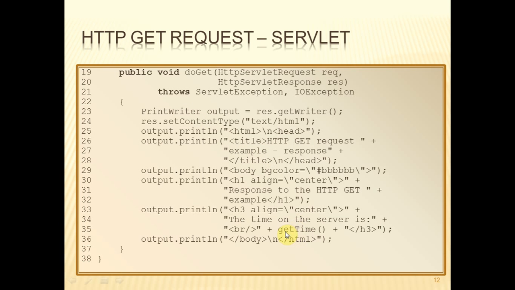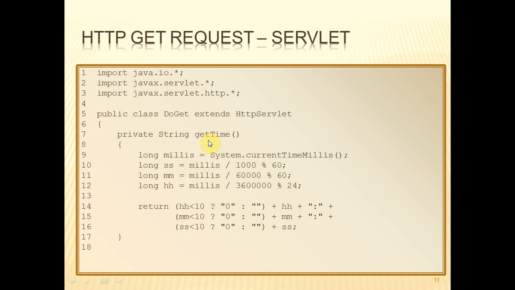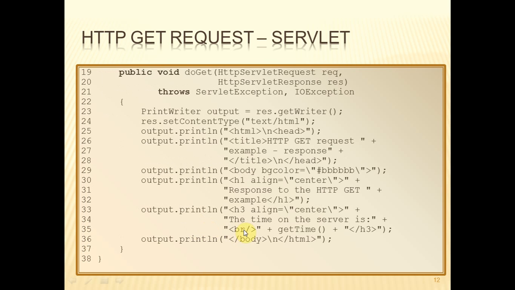And right down here on line 35, we're embedding a method call to the method that we were looking at just a few moments ago on the previous screen, the getTime method, that is going to get the current time and construct a string that shows the current time. So that comes back here as a string, which is then catenated to the other part of the message.